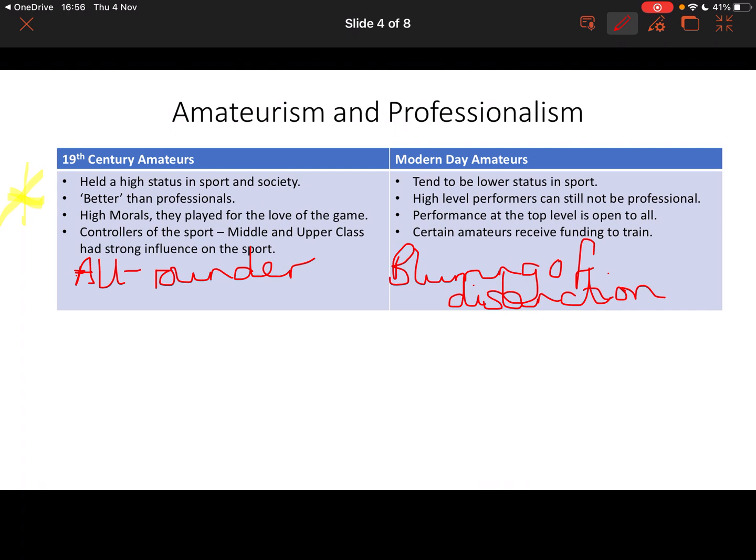If you look at the golf majors, the Masters, the British Open, the US Open, and the USPGA, they are all what we call open competitions, particularly the British Open and the US Open. And you will always have two champions at all four majors. You'll have the overall champion, but there'll also be an award going to the leading amateur. So you can still be an amateur performer and compete against top professional athletes.